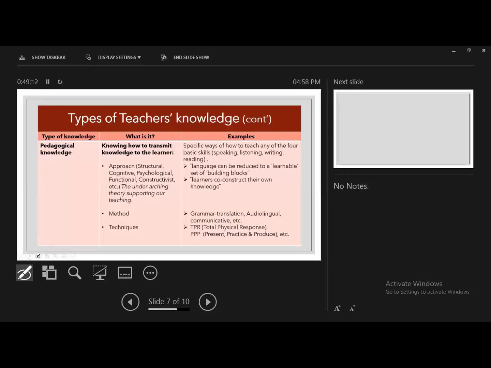It depends on the school, on the institution, on the philosophy for which you might be working, you might be teaching, right? I have listed just a few of them. Structural, cognitive, psychological, functional, constructivist, etc.